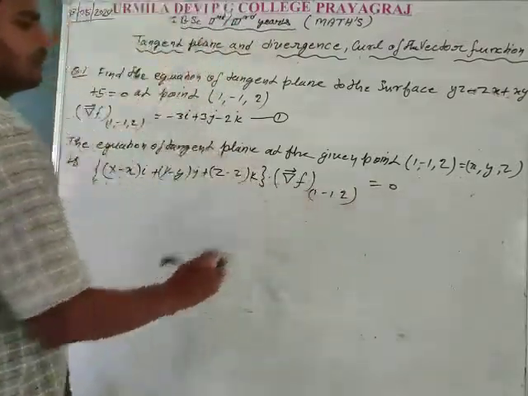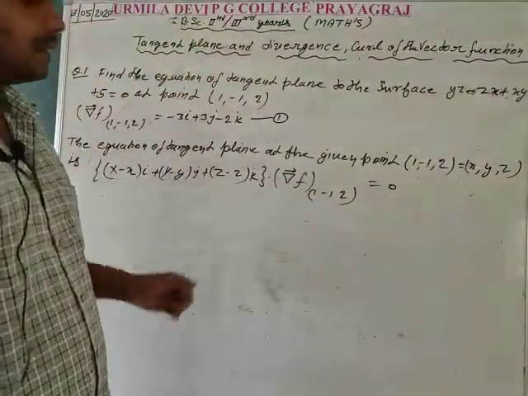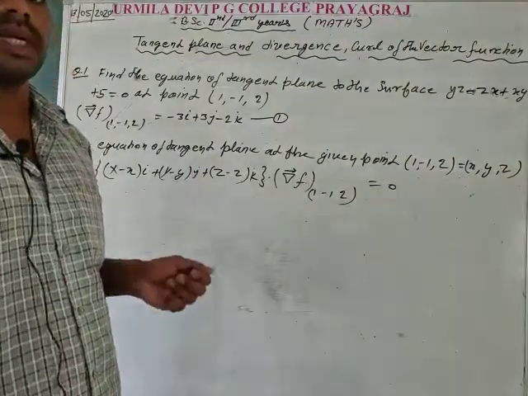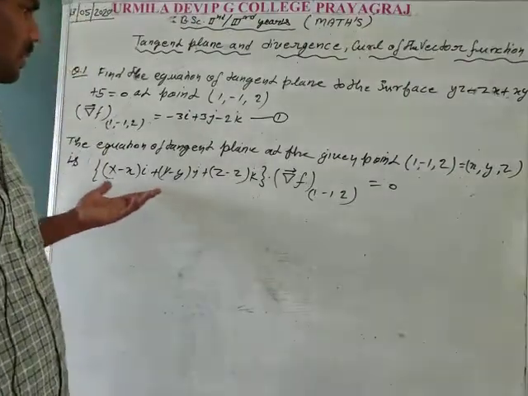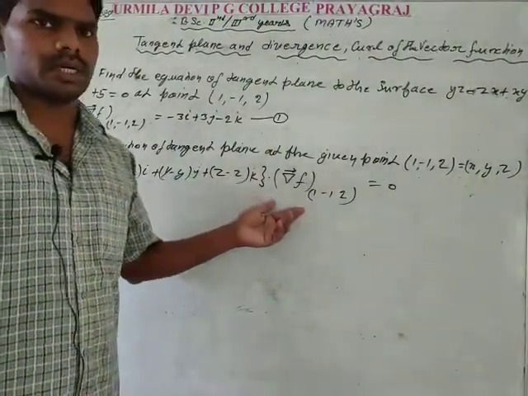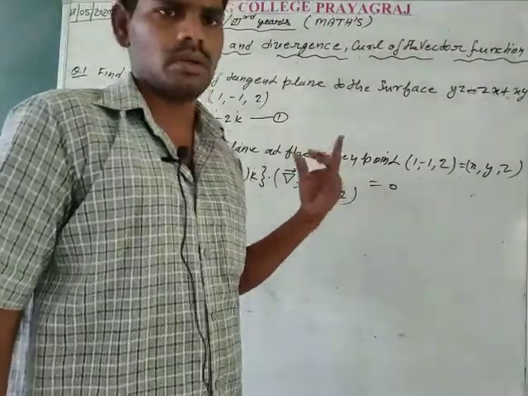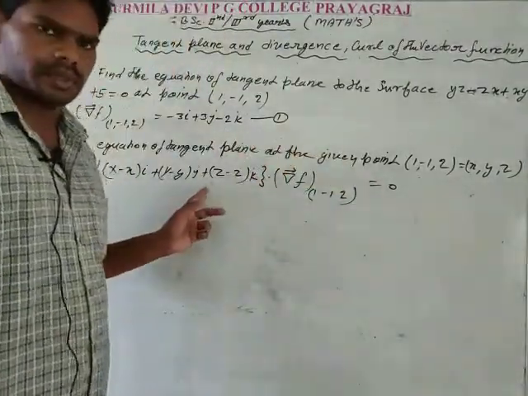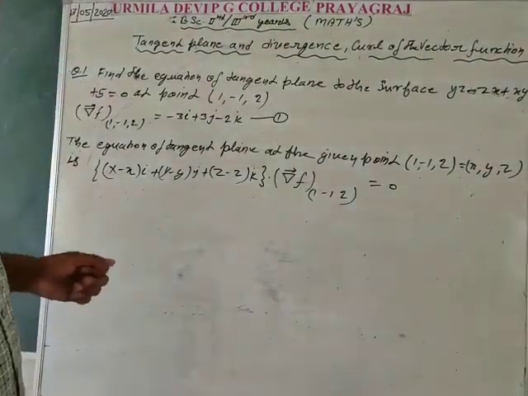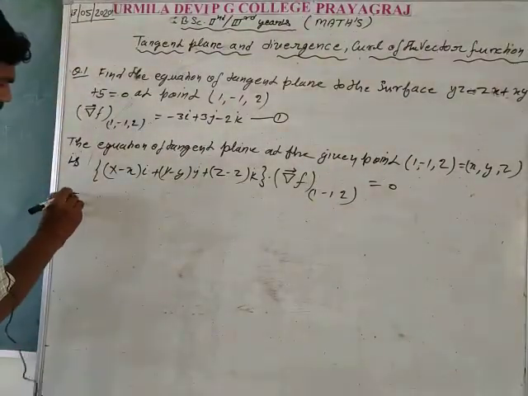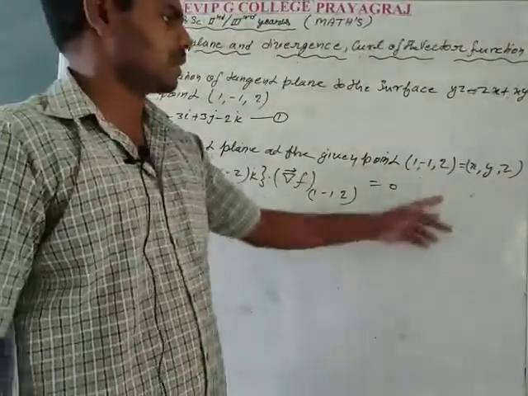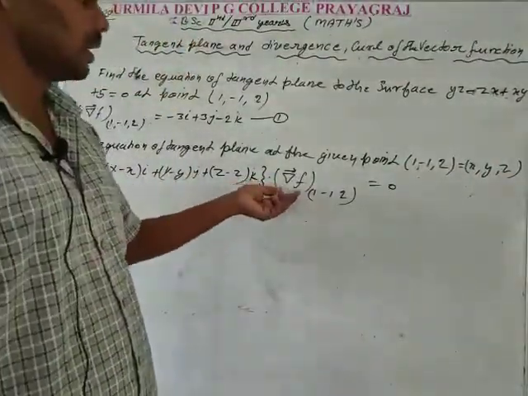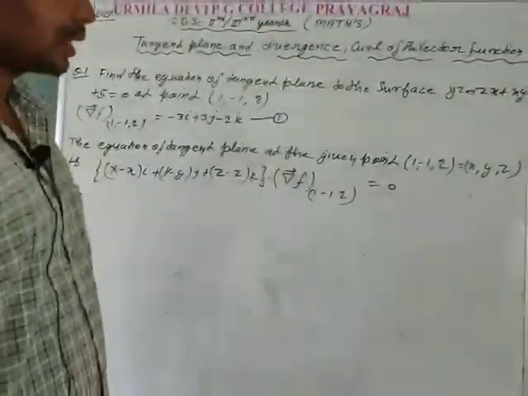Because, by the discussion in the article, the equation of the tangent plane at the given point to the level surface f is vector r dot product with gradient f is equal to 0, because these vectors are perpendicular to each other. So taking the dot product, it must be equal to 0. Now putting the value of x equal to 1, value of y equal to minus 1, value of z equal to 2, and the value of del f at this point from equation first.